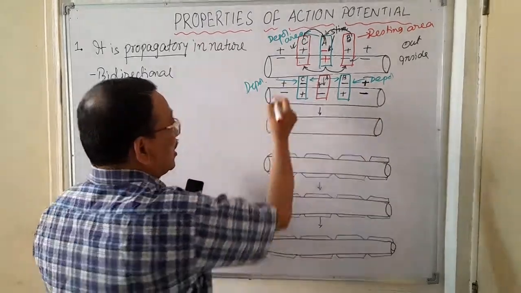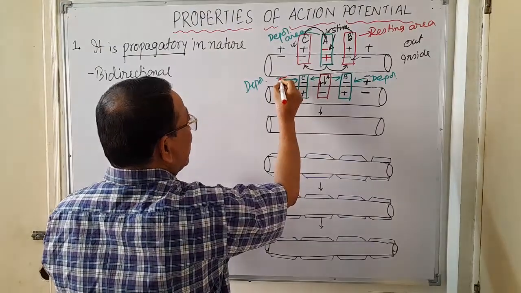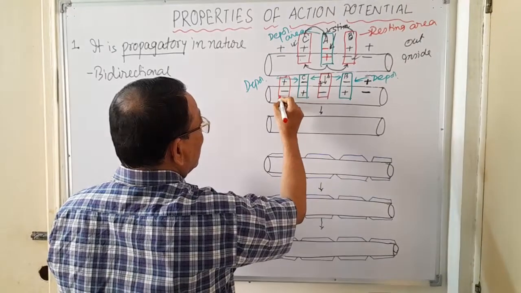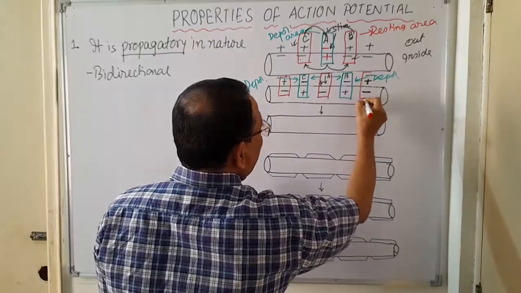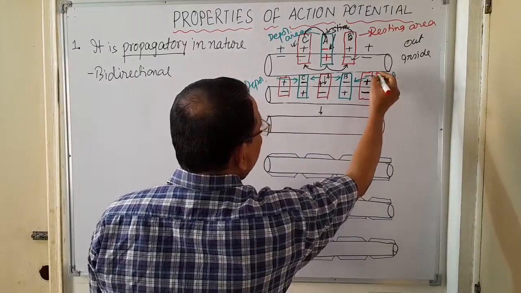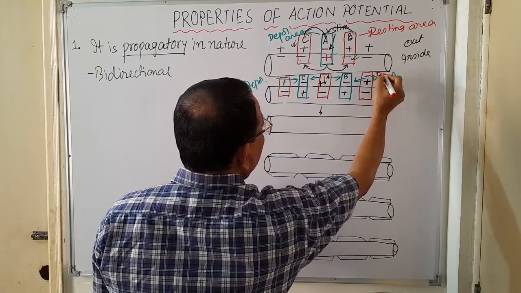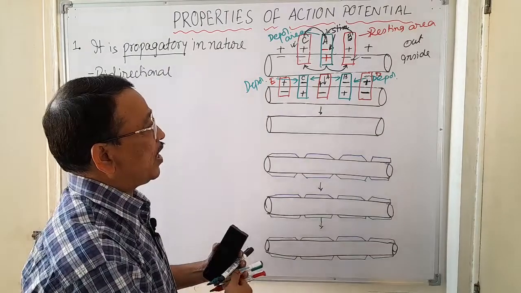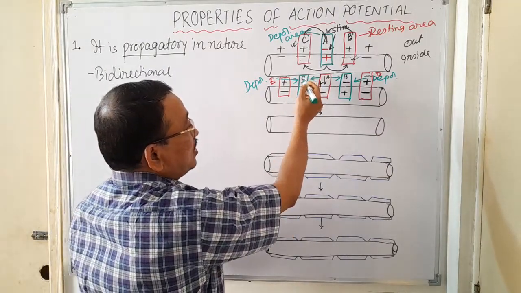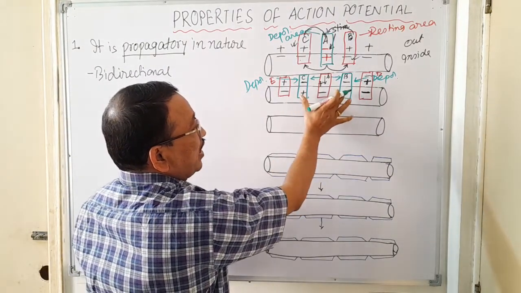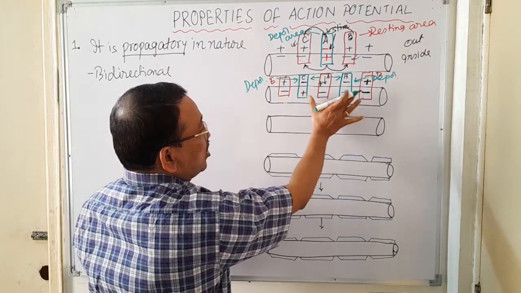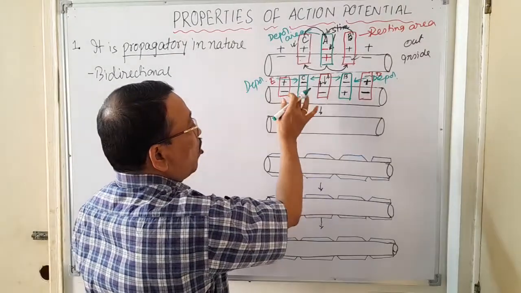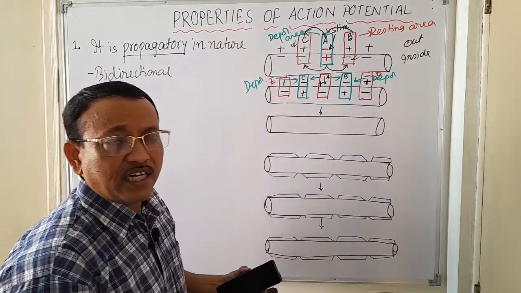That means this area is the resting area, and this area again is the resting area. Suppose this point is D and this point is E. Now at point C and point B, these areas are depolarized, and adjacent to them, point D and point E are in the resting condition.